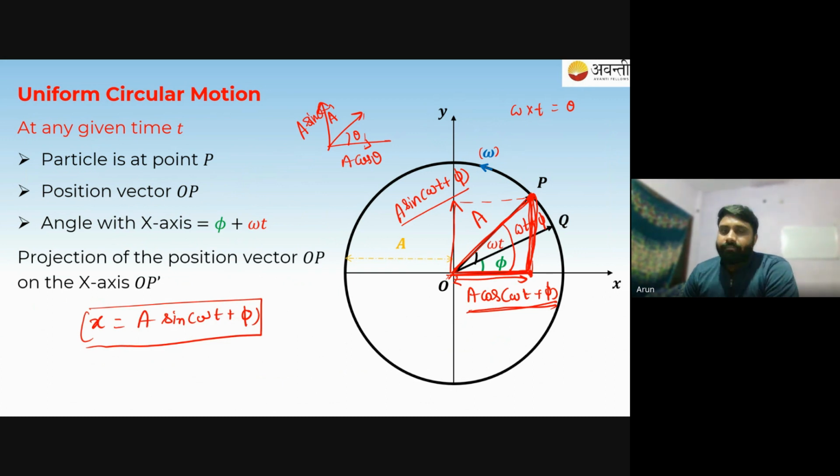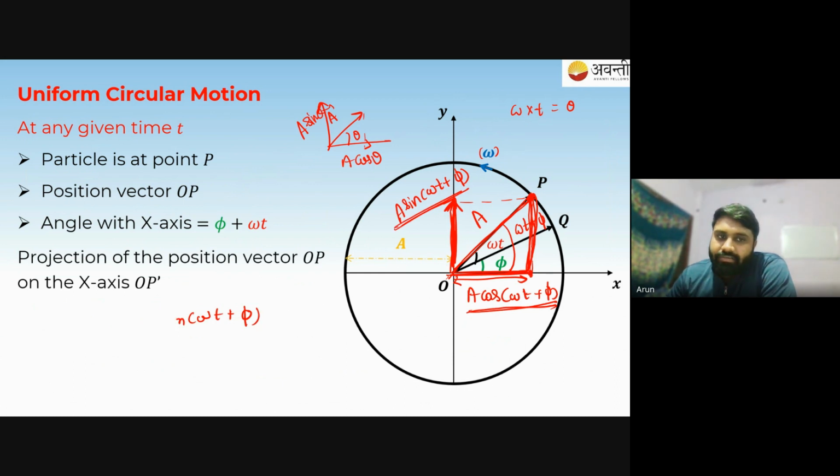Similarly, on this axis also it is executing SHM, because this equation itself is the equation of SHM. Okay.